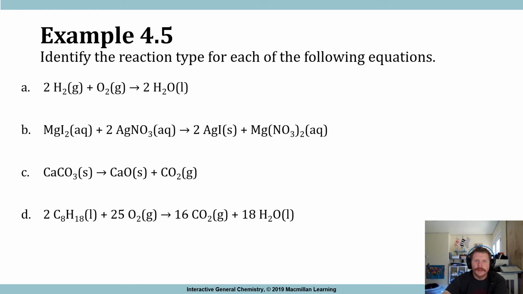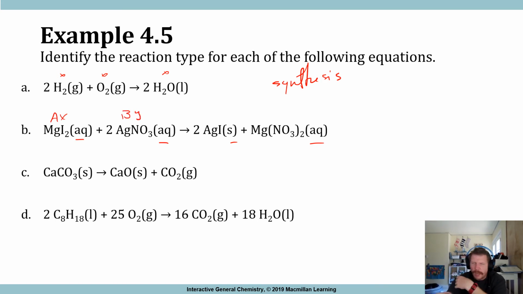Okay, now that they're gone, we have two things combining to form one thing. So this is a synthesis. In this case, we've got an aqueous substance making a solid and another aqueous substance. AX, BY.